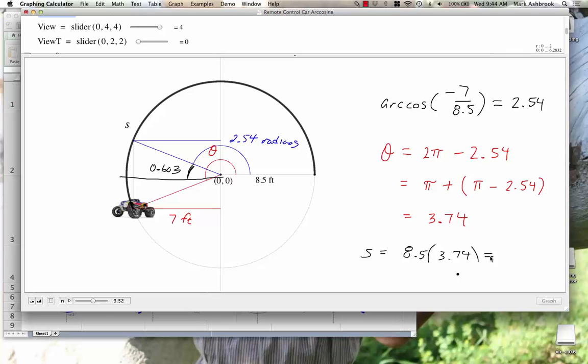How far is it? 31.2? Agree? Okay. Any questions on arccosine, arcsine? Okay, so that is on the exam Friday.